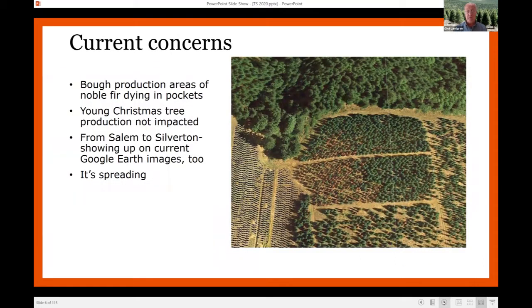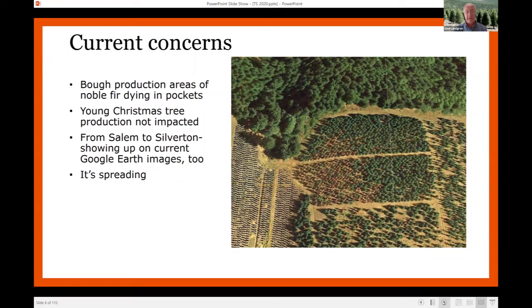Another issue that's been going on for a couple of years, it isn't just this year, is we're seeing a lot of noble fir that's dying, and these are large noble firs, usually in production areas for boughs. What I'm showing here is just a Google aerial photo, and you'll see the red noble fir in a bough production area.